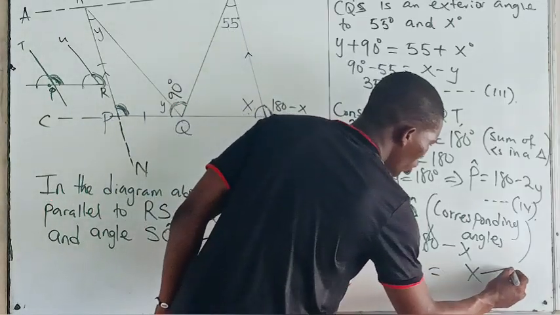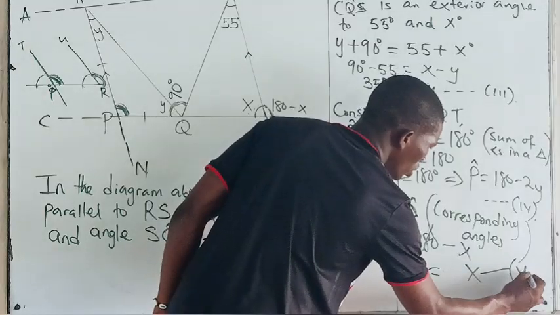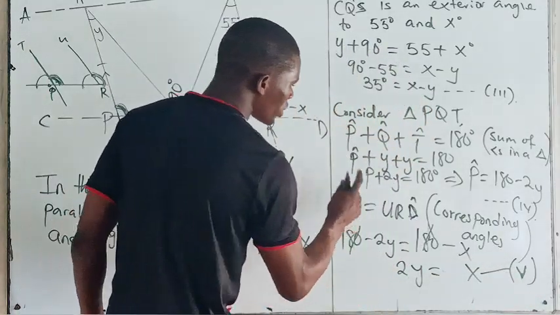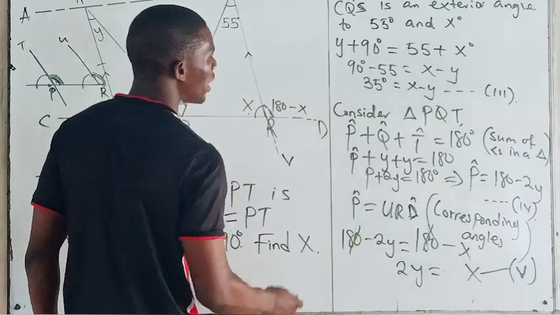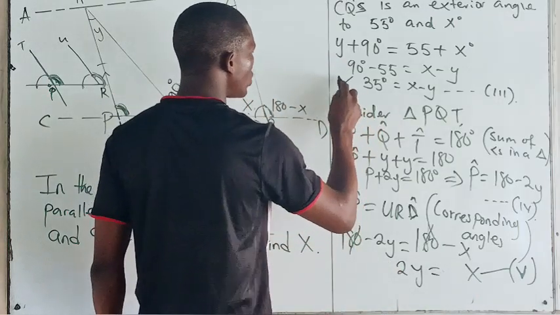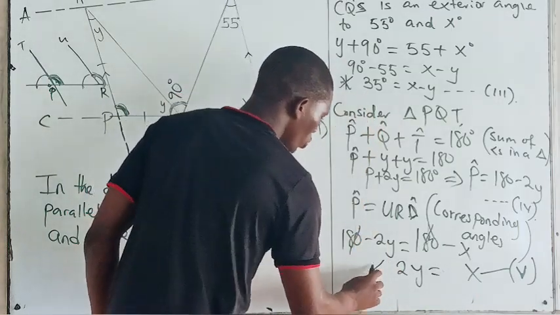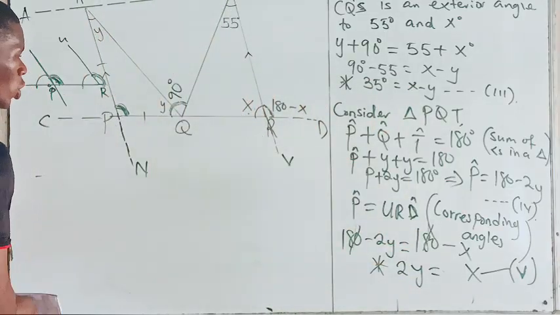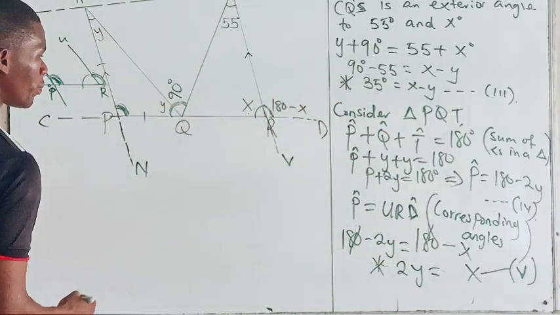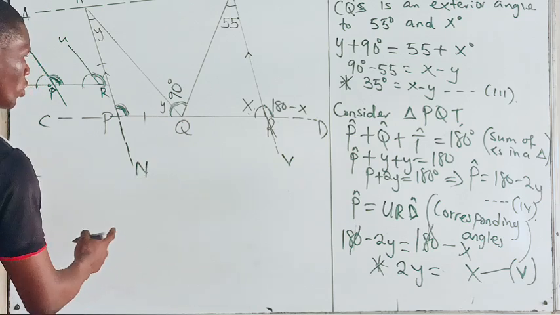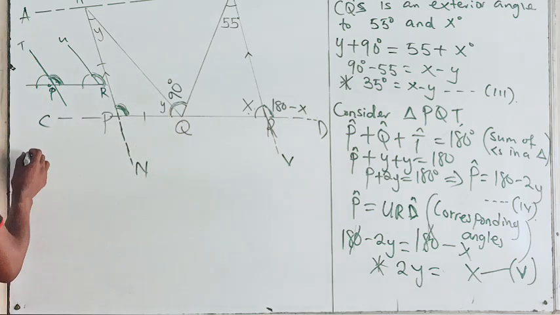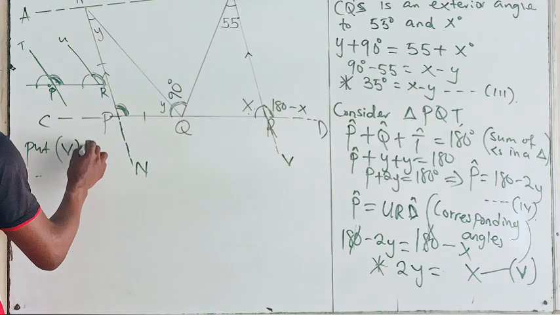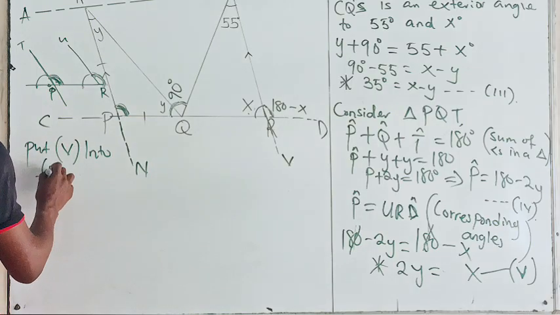So look at this, let's call this equation 5. Now we consider equation 5 and 3. This is equation 3 and this is equation 5. You can substitute, right? So now put 5 into 3.